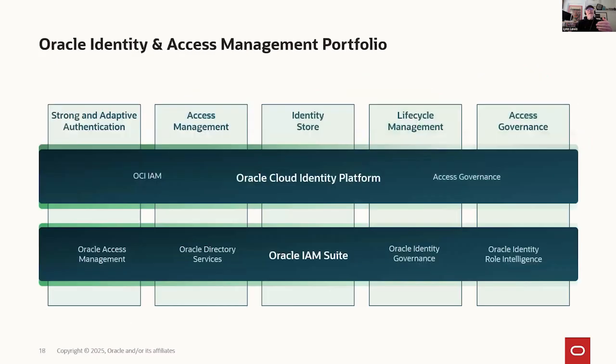Let's talk just briefly about that for a second. So this is our Oracle Cloud Identity Platform. You're going to have the capability of putting that in for your identity access management and governance, and it has a whole suite as well to give you management of things like your password, right?